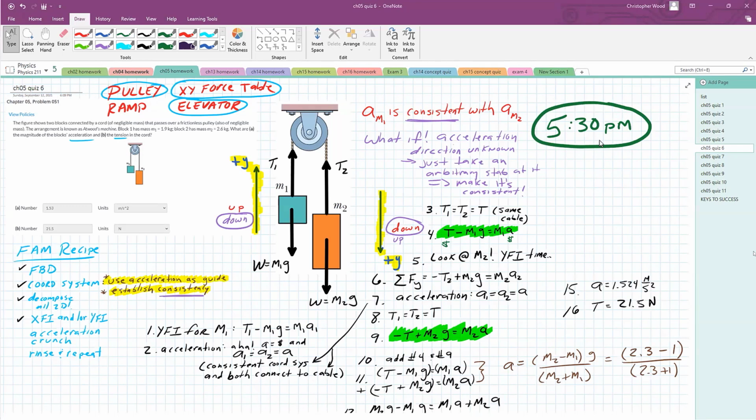My goal, when I do these problems, is not to find the shortest path to the answer. My goal is to provide the full-scale solution, broken down into baby steps. That's not to say you can't do the same thing in a shorter way, and you can solve it however you want, but you have to use the force analysis method in its entirety.